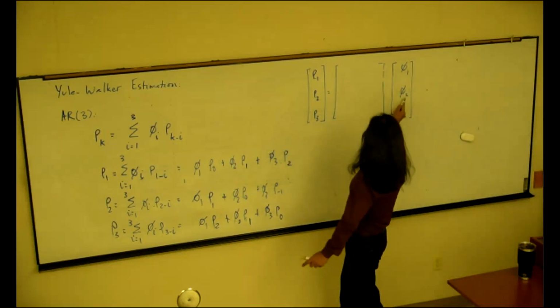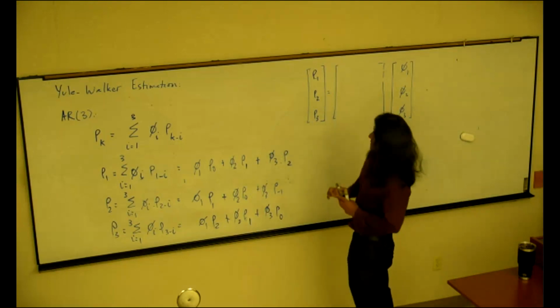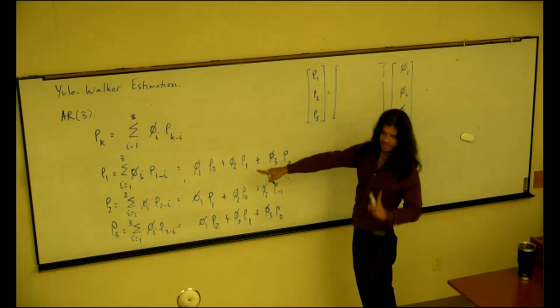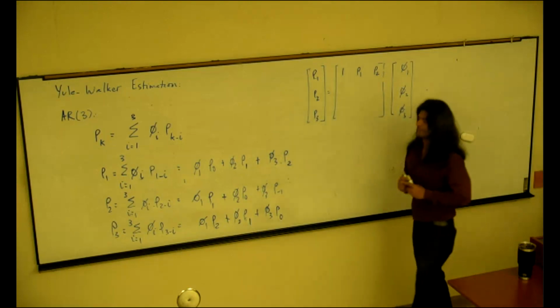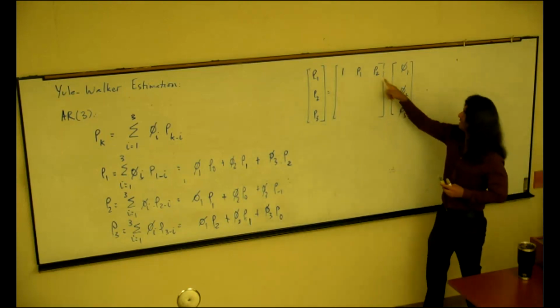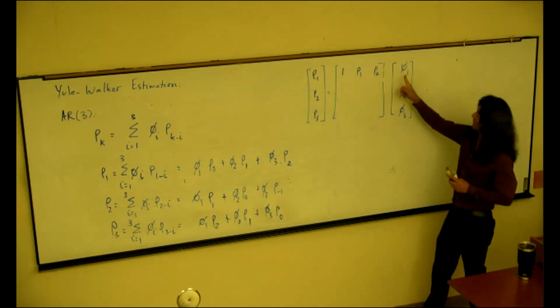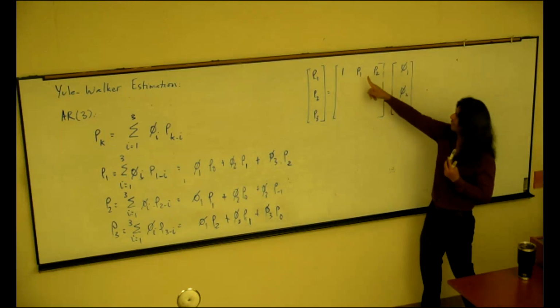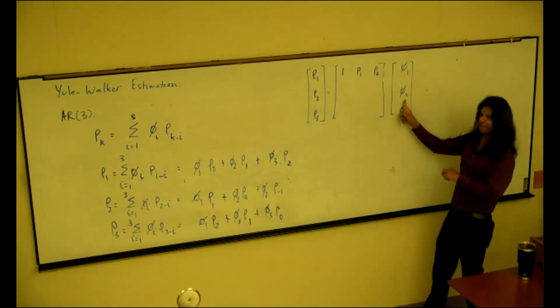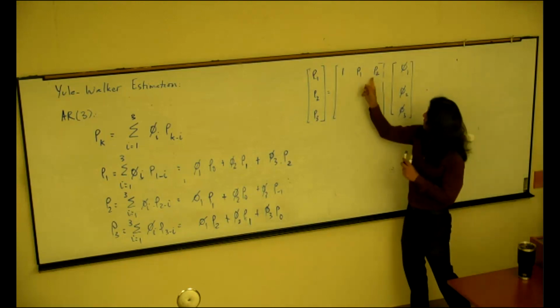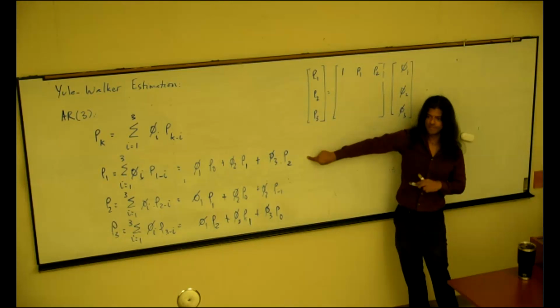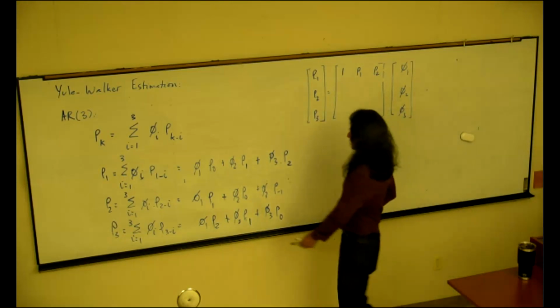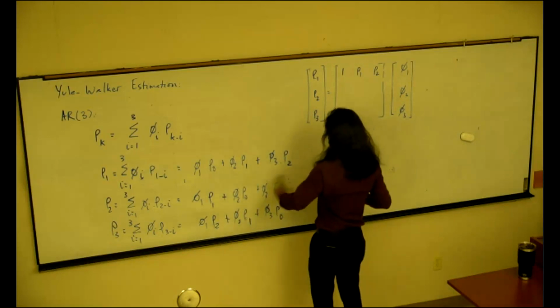Row naught is just 1. So 1, row 1, row 2. 1 times phi1 plus row 1 times phi2 plus row 2 times phi3, and that is the equation. Good. Same logic.